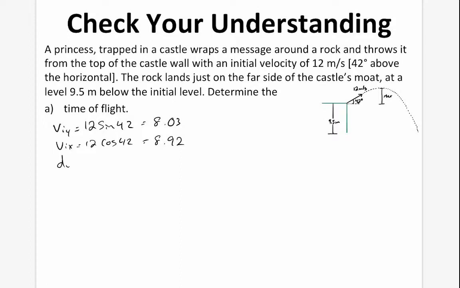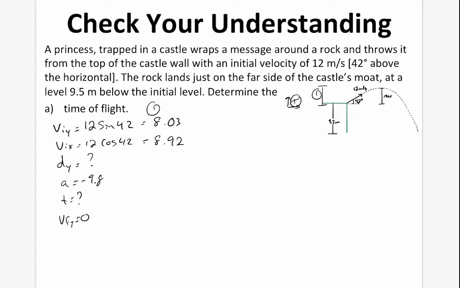We don't know how high it goes up initially, because this is the point right here between 1 and 2, so we'll call that 1. We don't know how high it goes up. We know acceleration is going to be negative 9.8 because we're going to say that right and up are positive at the beginning. And we also don't know time. And lastly, we know that VFY is 0 because at the very top it's not moving in the vertical direction at all.